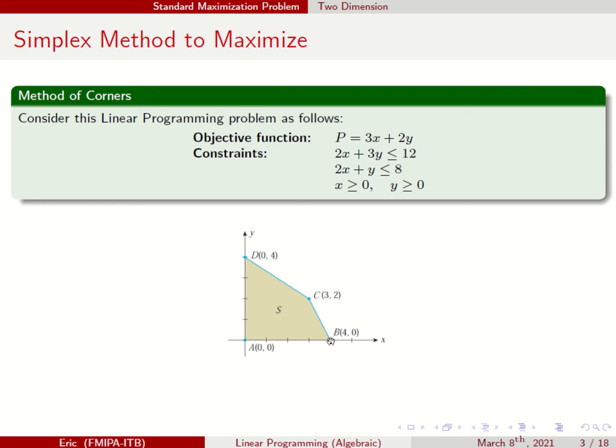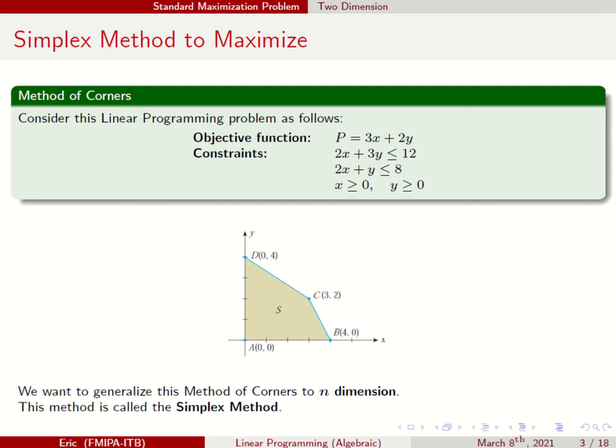If I have achieved the higher X, can I increase Y? Yes, I can increase Y here, so I can get the optimized solution. That is the idea of the simplex method. So let's have a look.